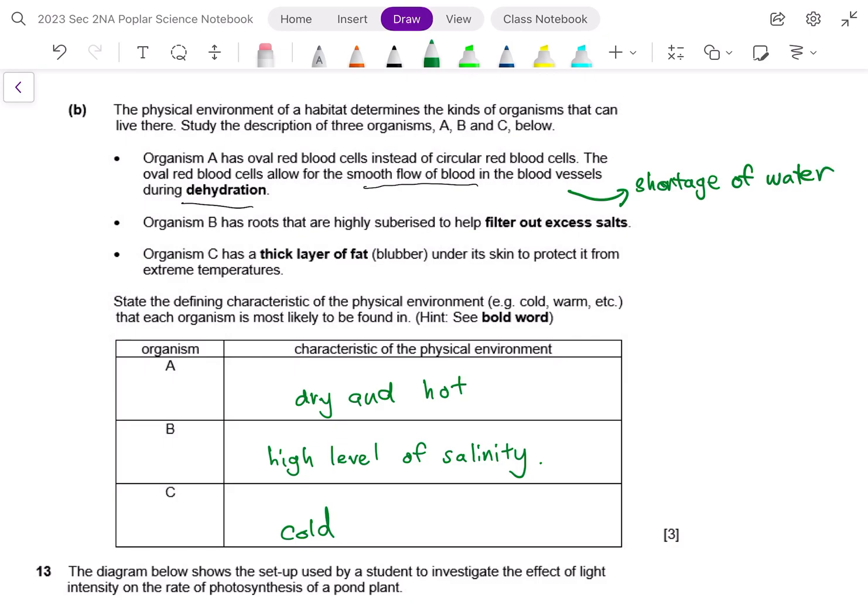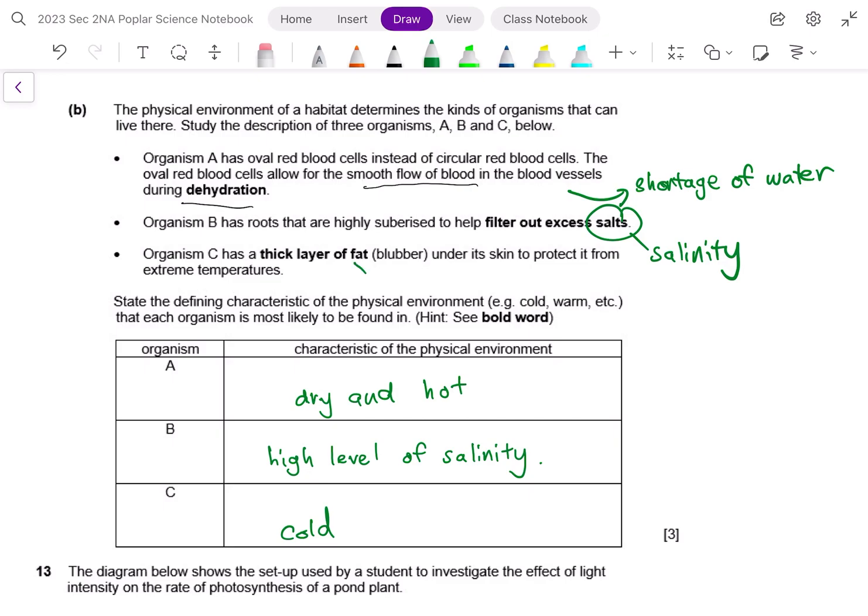So most of the environment is a dry and hot environment. Then organism B has roots that are highly suberized, to help filter out salts. So when you see salts, usually the physical factor of concern is salinity. Then organism C has a thick layer of fat. Has this physical adaptation with fats.